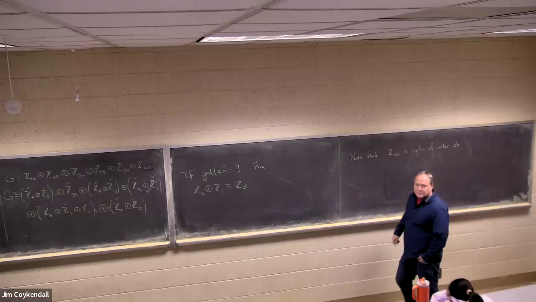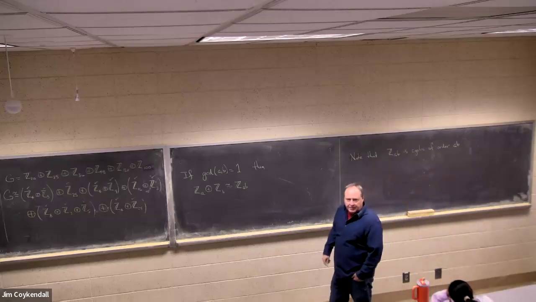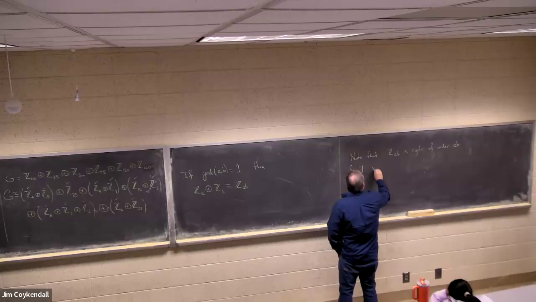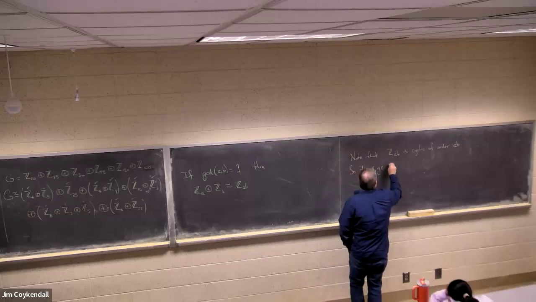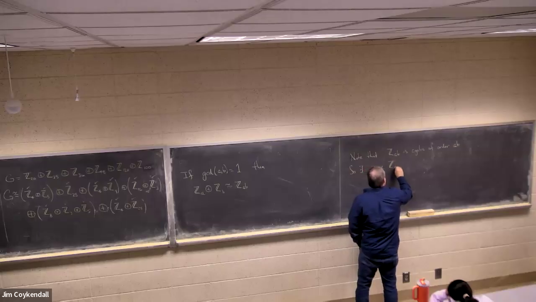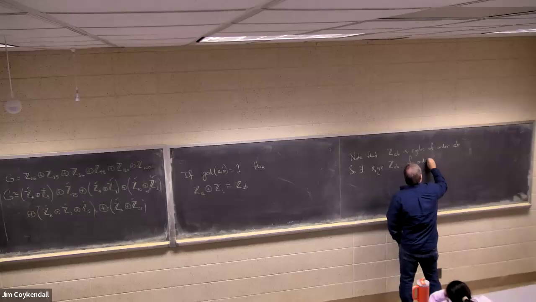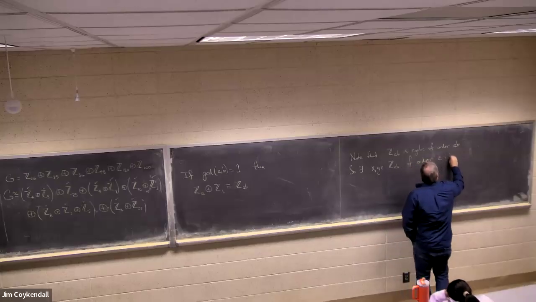If we can agree with that, there exist X and Y in C and D of order A, B.